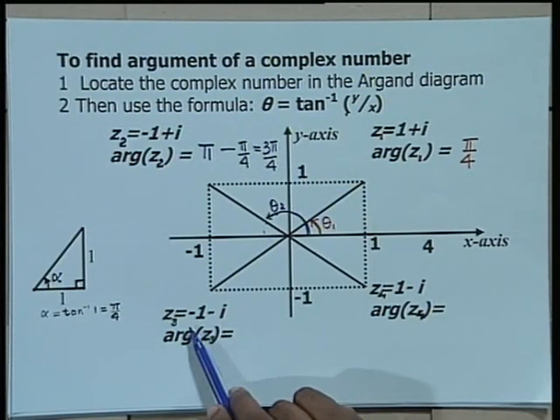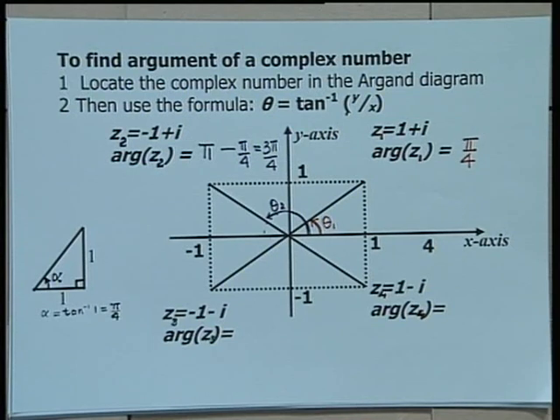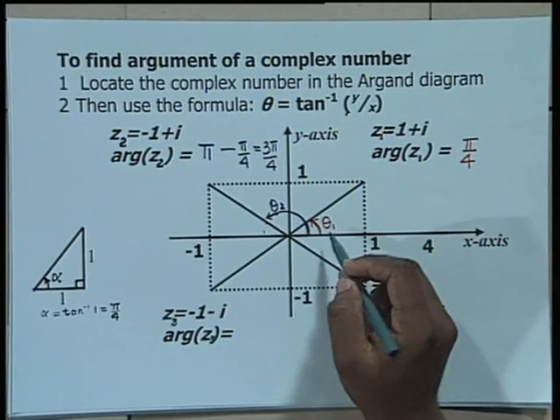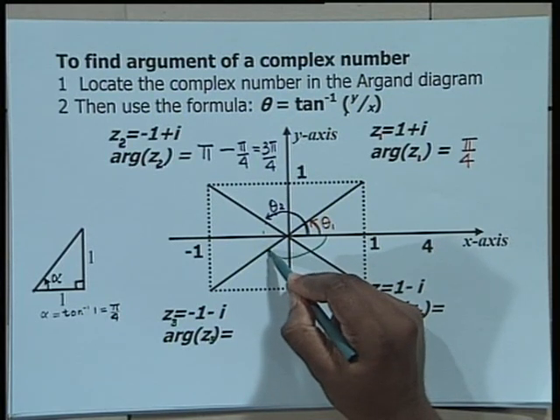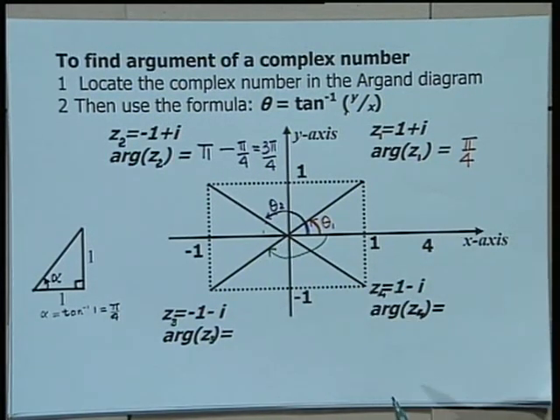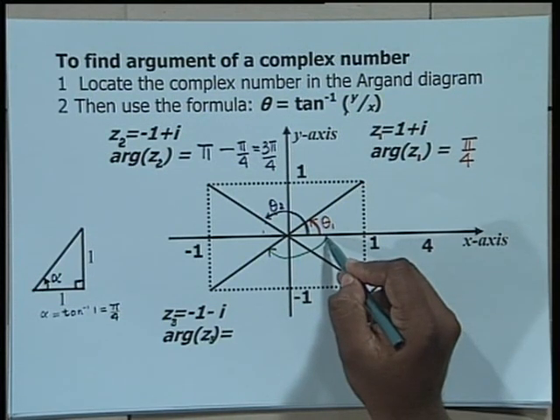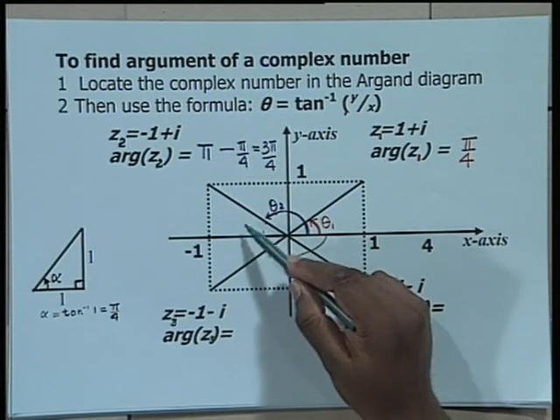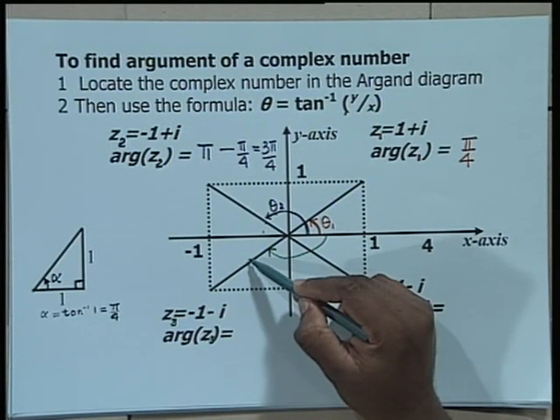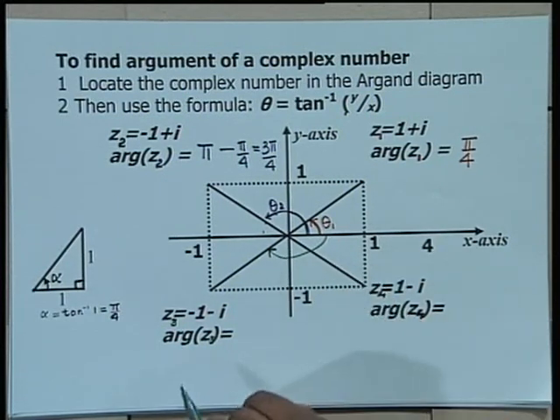Similarly, what is the argument of minus 1 minus i? It is the angle from positive real axis to the line joining origin to the complex number. Now, you know that I have taken the angle in a clockwise direction because argument cannot be more than pi radian. So this angle is the argument of Z3.